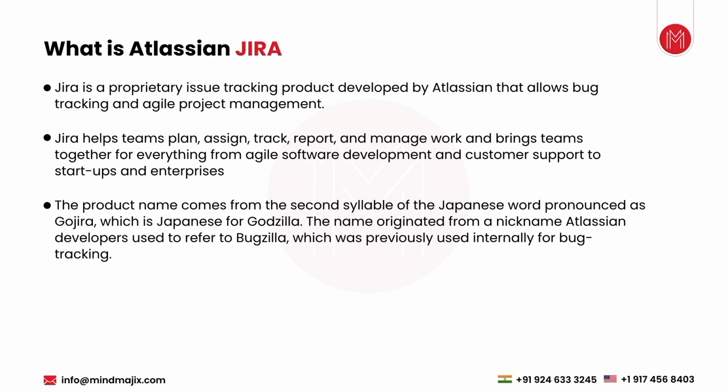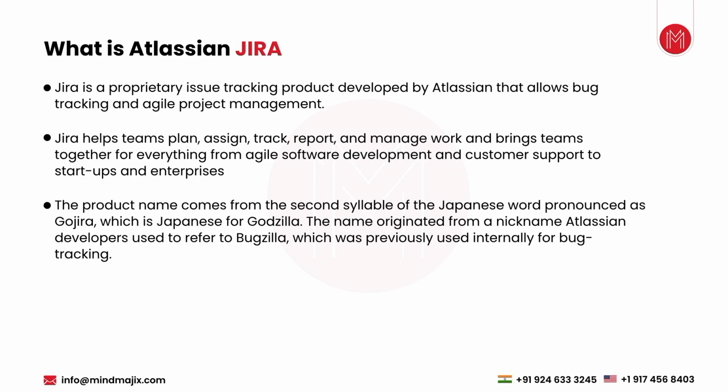So Atlassian is a company which has developed this project management tool, which is Jira. Atlassian is a very good company, and after developing this particular tool, they made sure that everything is on track and things should be fine. So it's a very important project management tracking tool, and it has worked in a larger sense also.